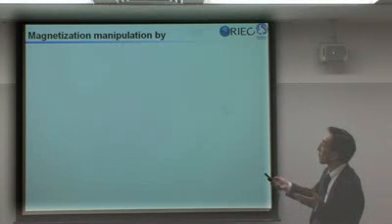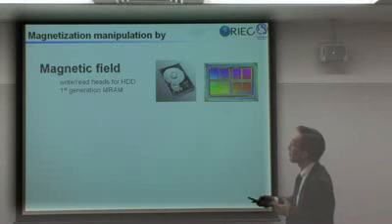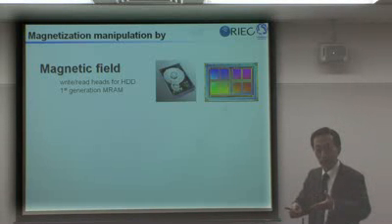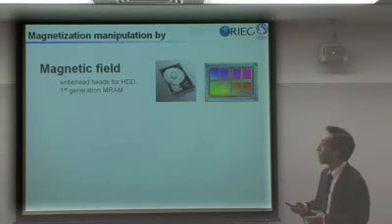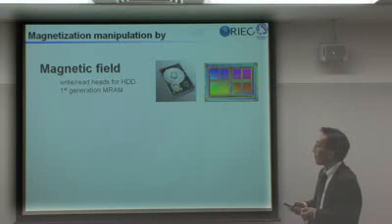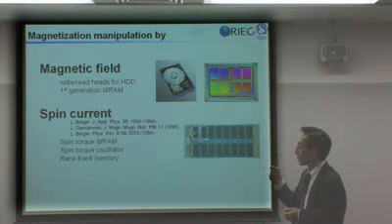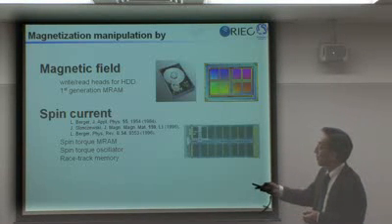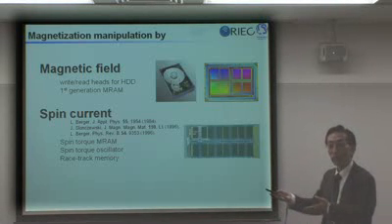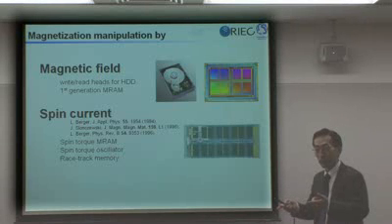first of all, we need to change the magnetization direction in many cases. And the first thing we used was a magnetic field. Like in your hard disk drives, we're using a magnetic field to change magnetization direction. And if you want to do it electrically and it's less power hungry, you use spin current or spin polarized current that we're using to change the magnetization direction of magnetic tunnel junctions.